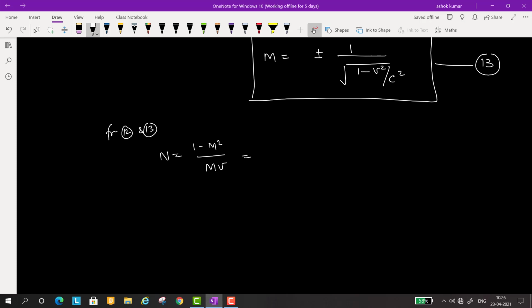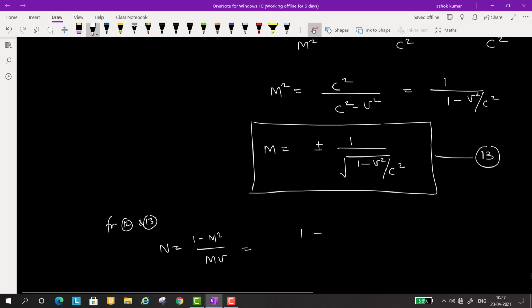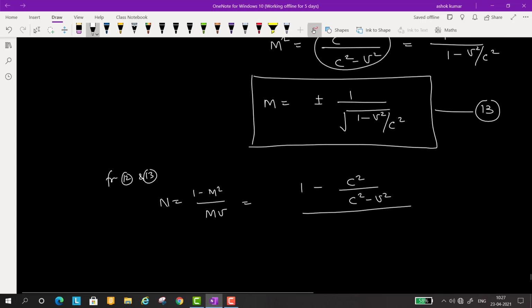So here we substitute the value of m square. So value of m square is this one, c square upon c square minus v square divided by mv. We neglect the negative sign. We take the positive sign for further calculations. 1 over 1 minus v square upon c square into v.